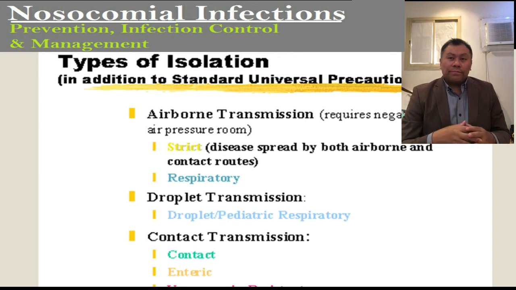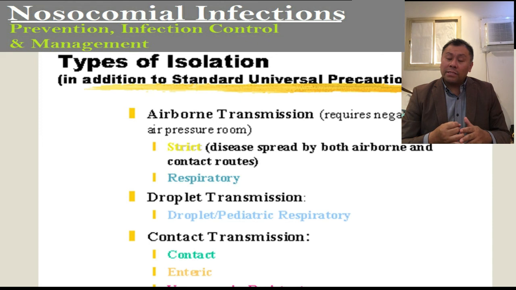Types of isolation: we have airborne transmission. In addition, we have the standard universal precautions in every transmission. Airborne transmission requires a negative air pressure room, with strict precautions.